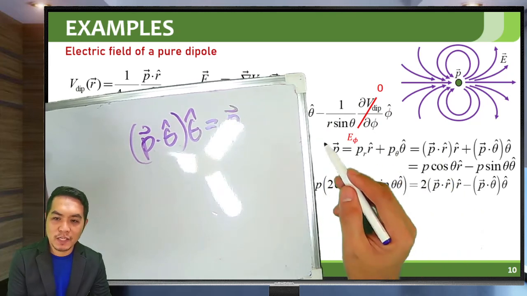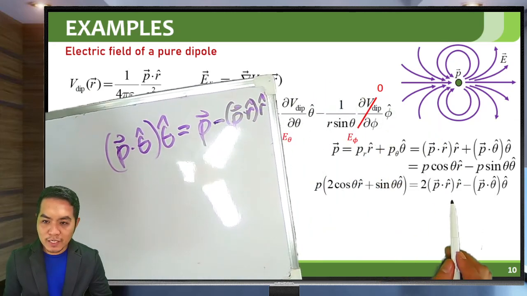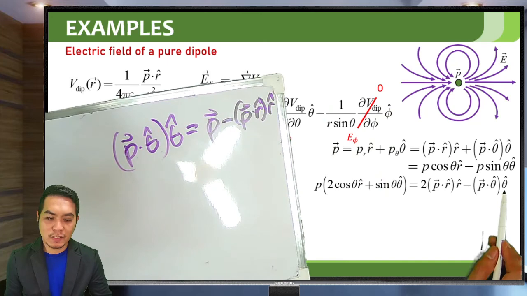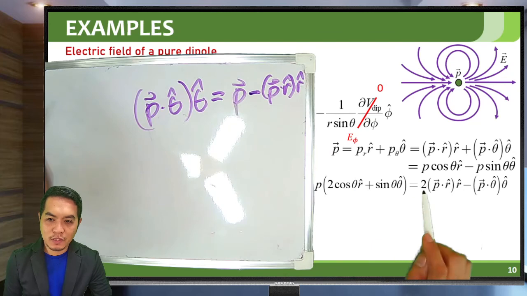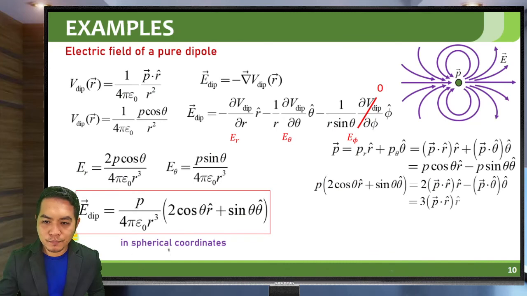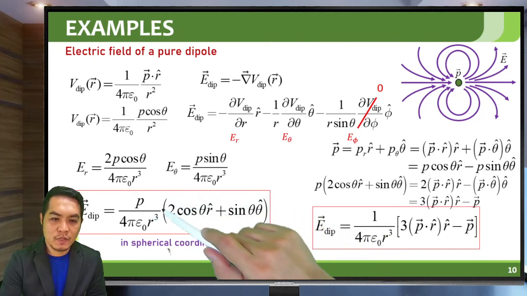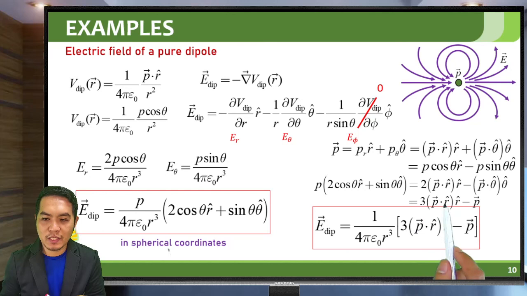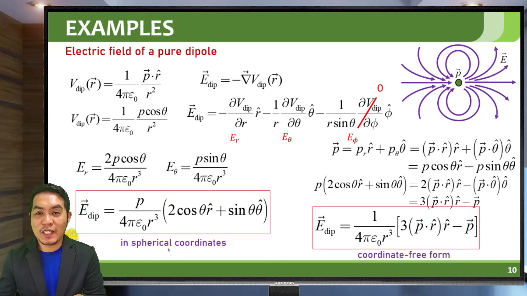You transpose this to the other side of the equation, so we can write p dot theta hat as p minus p dot r hat, so that our terms will be in terms of p dot r hat. Doing so will give us this equation. We replace this p and this term here with 3 p dot r hat minus p, and this is now the electric field of a dipole in coordinate-free form.